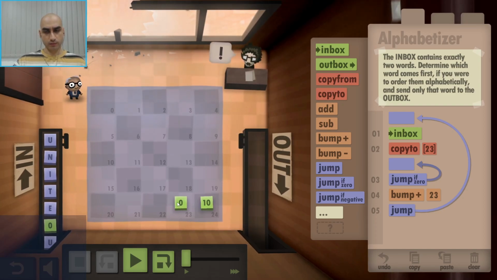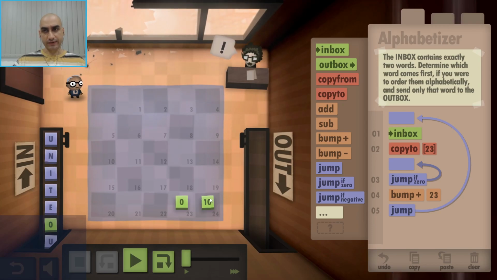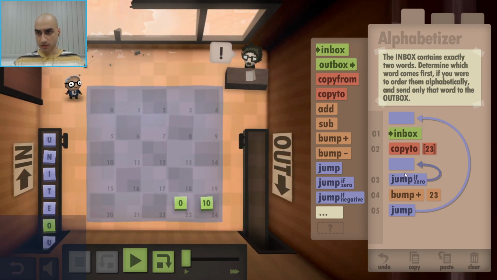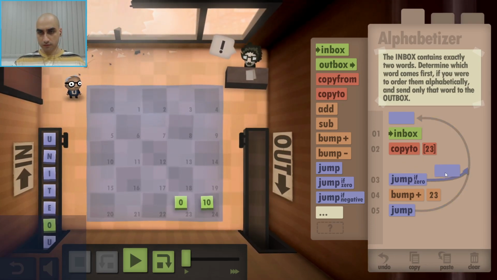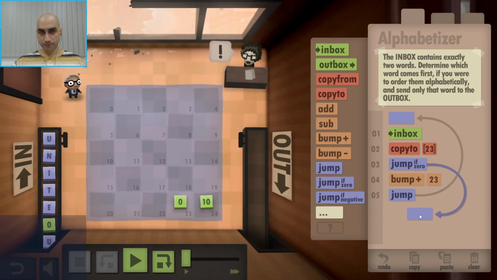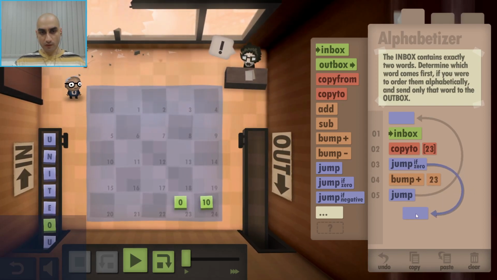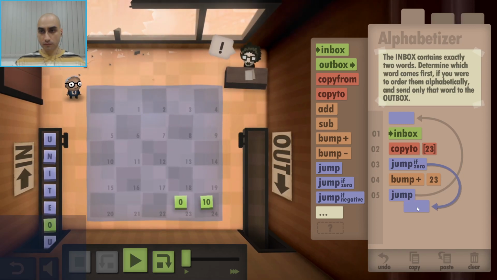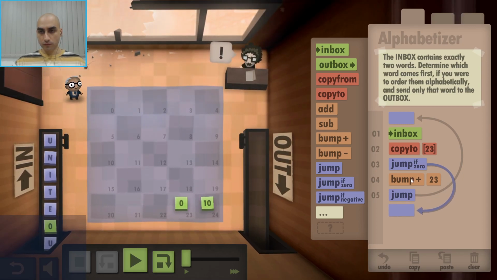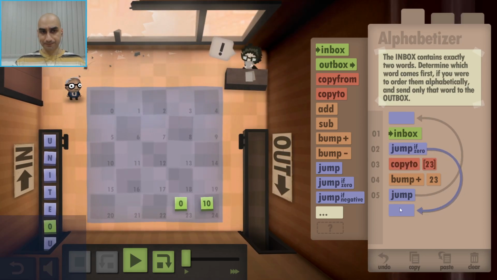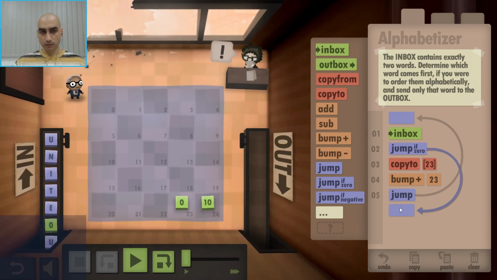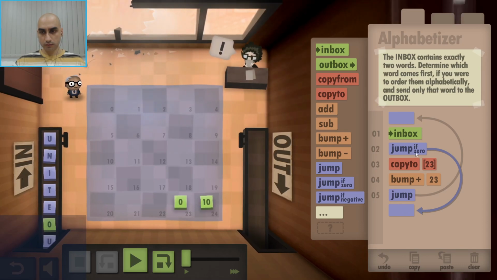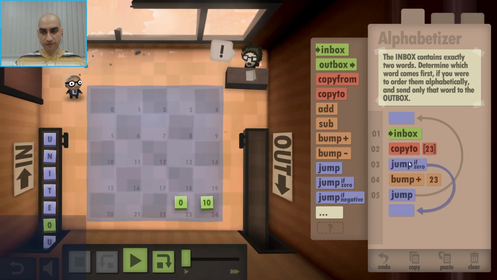Okay, I don't think we need this second counter actually, so we can do this. We can say if we're holding 0, we have to copy that first.